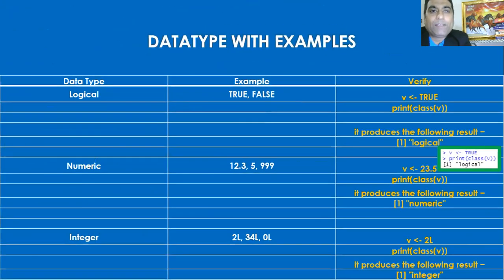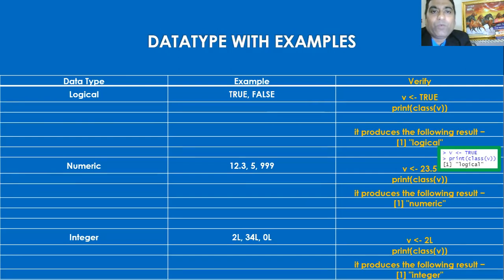So few examples I have used here with the codes. You can directly copy paste the code or you can directly write these codes and you can execute in the environment. Okay. The logical data type. What I used in the right side, if you refer, see, this true has been assigned to a V and I'm printing class of V. So class is a function.